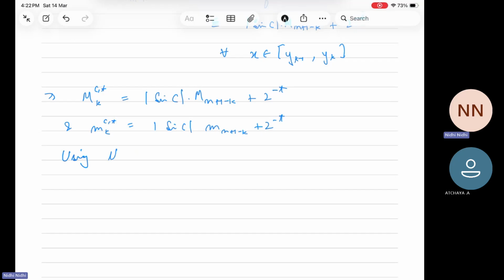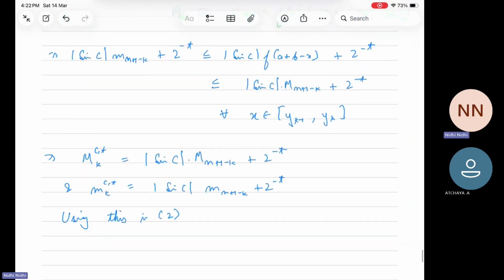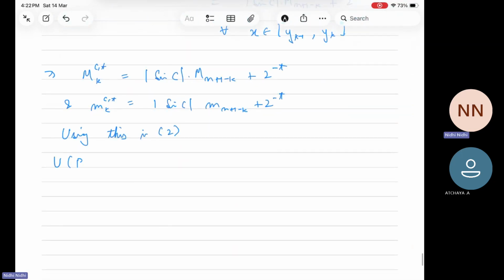Using this in equation 2, we get U(P bar, f_c t) minus L(P bar, f_c t). This is equal to summation k from 1 to n.